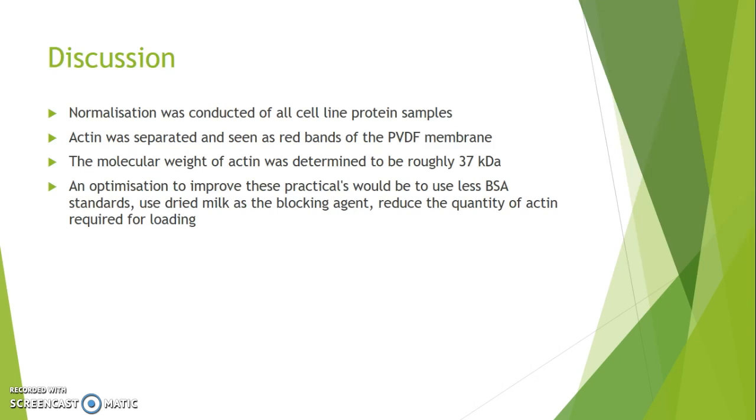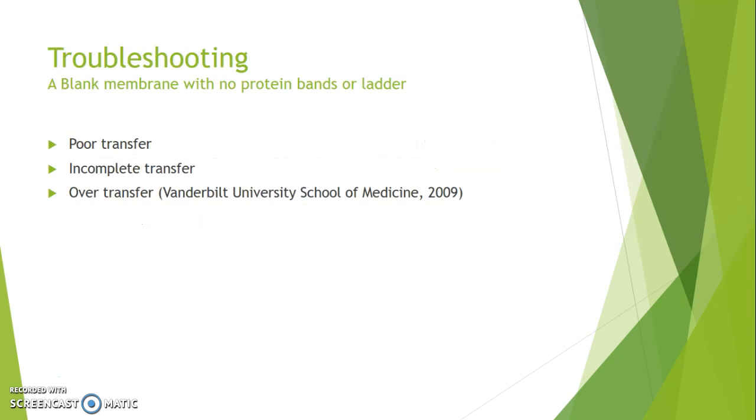To use dried milk as the blocking agent instead of 0.05% Tween, 1% BSA and PBS, and also to reduce the quantity of actin required for loading to minimize the overspill effects and occurrence of them.